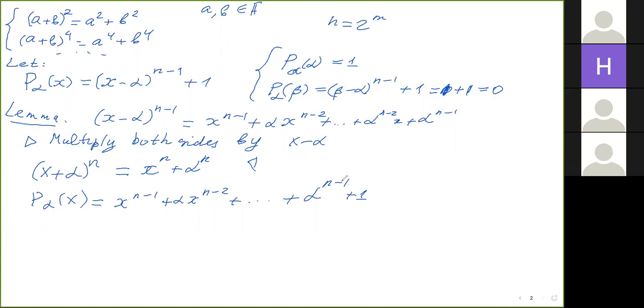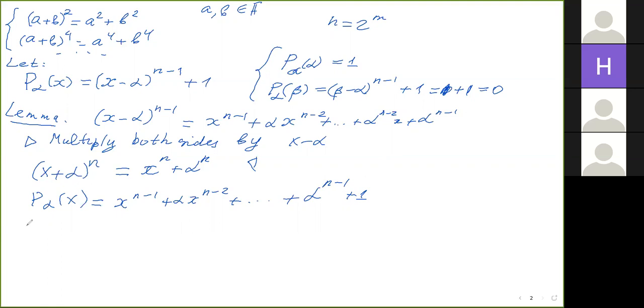So using this expression, we now can understand what our equalities about coefficients mean in terms of polynomial values.